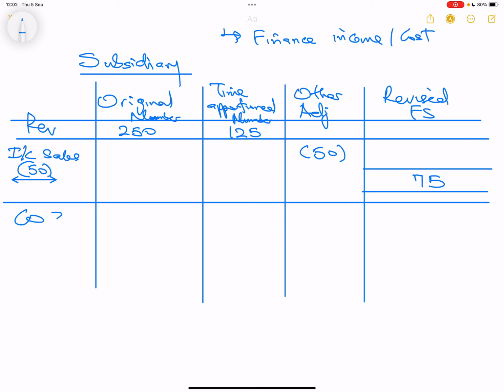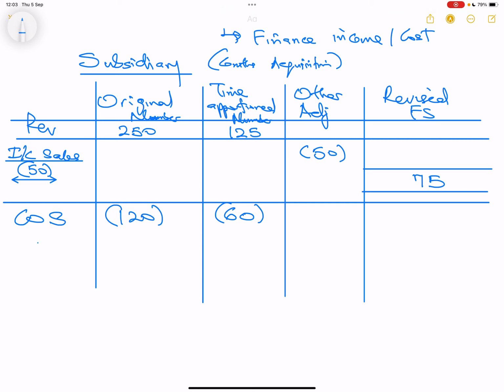Then we have cost of sales. Let's say cost of sales is 120 for the whole year, and remember we're assuming that 6 months into the year was the acquisition. Just want to show it before I get into the full question. Then it means that we're only going to be dealing with 60 here. The intercompany revenue that we have taken away from revenue, we must also take away from cost of sales.